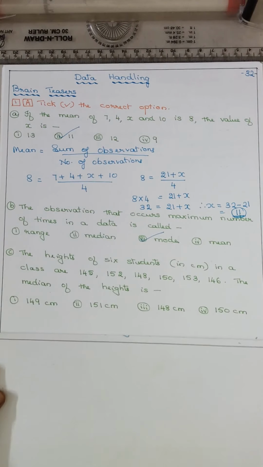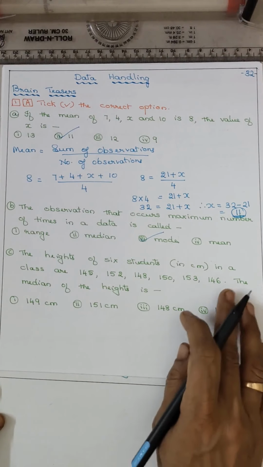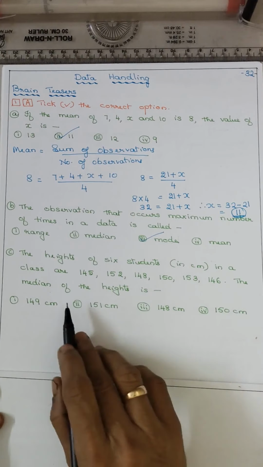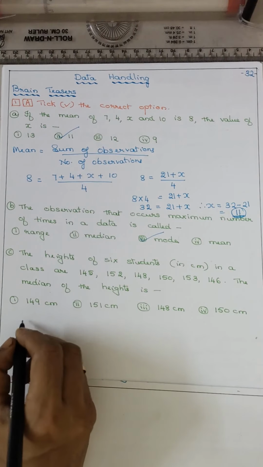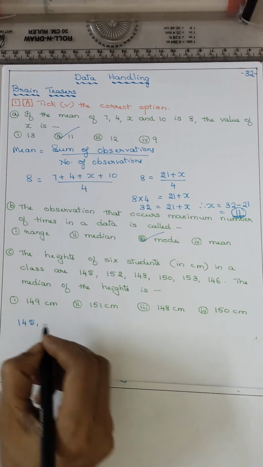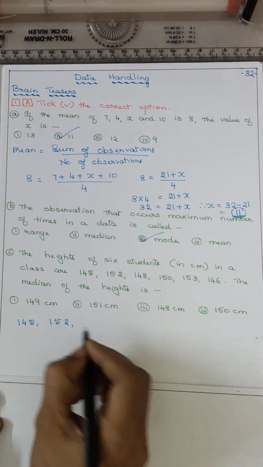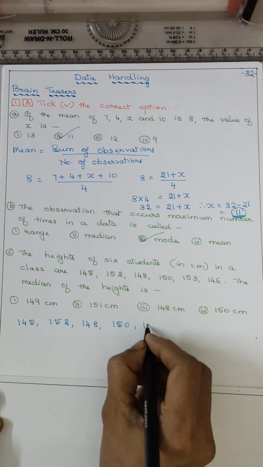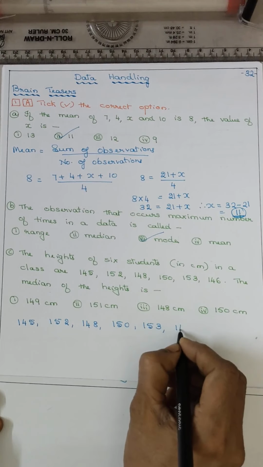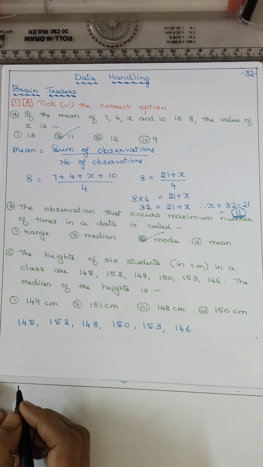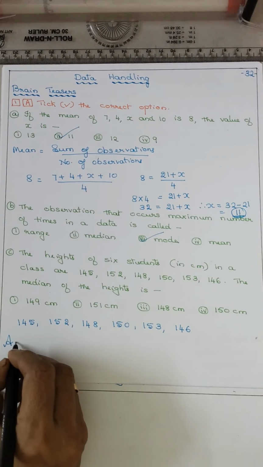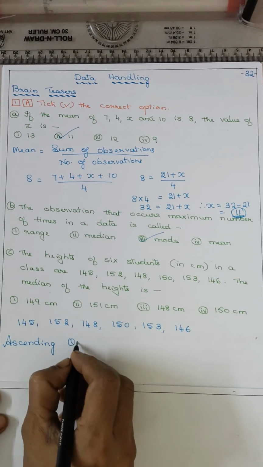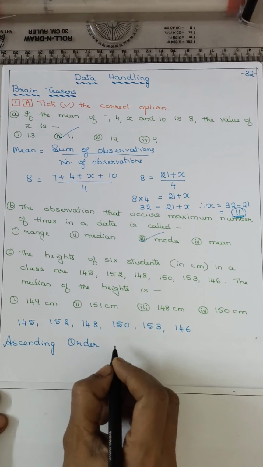Next, the heights of 6 students in centimeters in a class are given: 145, 152, 148, 150, 153 and 146. Find the median of the heights. For median, we have to write in ascending order. Remember, for median, the first step is ascending order.